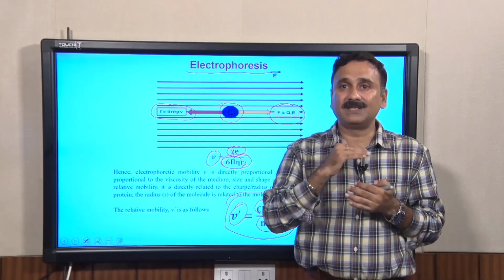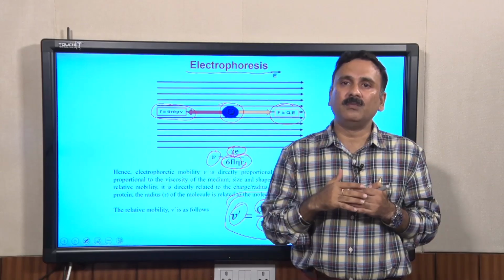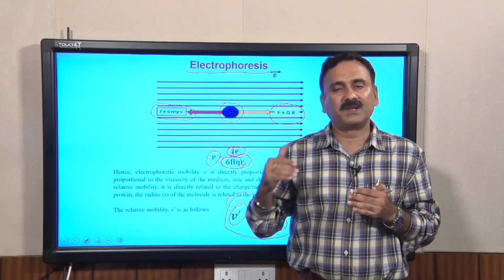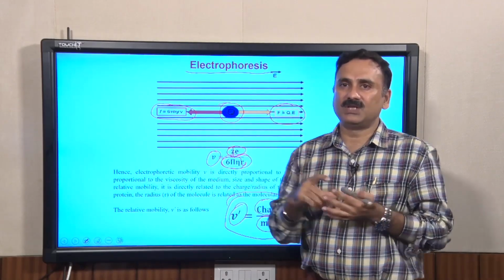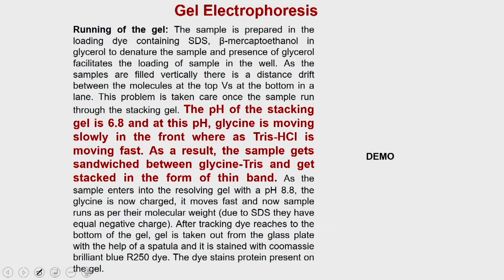But if you keep the charge constant, the electrophoretic mobility is inversely proportional to the mass. This means if you run the protein in the presence of SDS, which makes the charges equivalent, the small molecule runs faster and the large molecule runs slower.